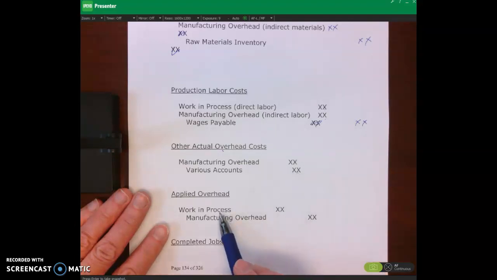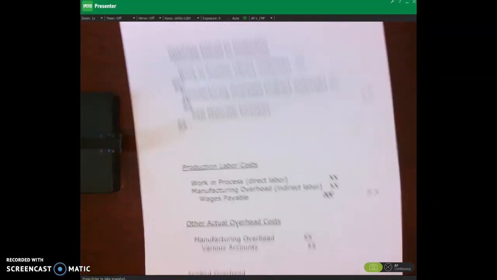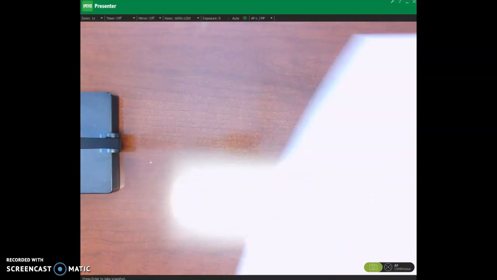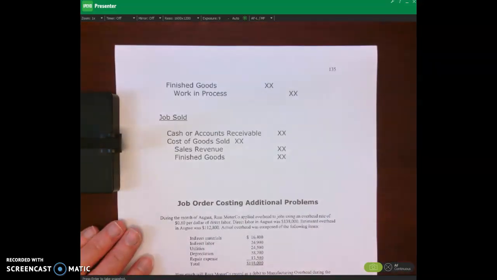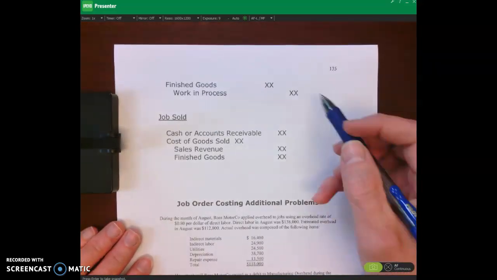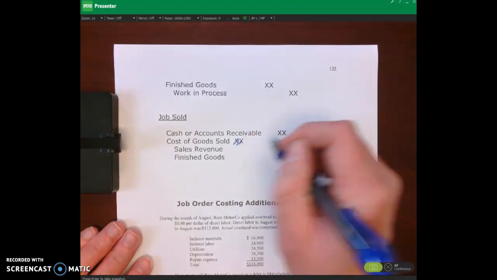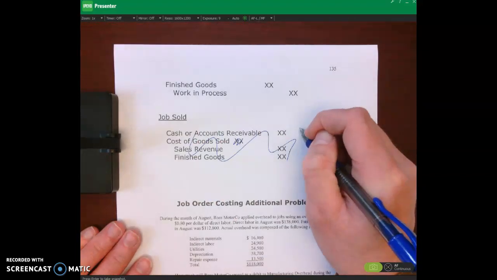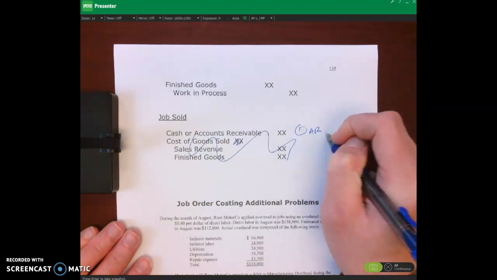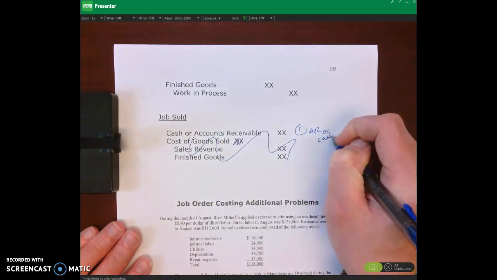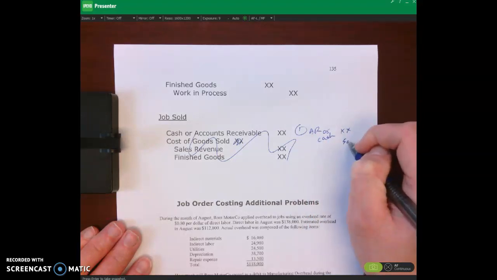Okay. Apply overhead, debit WIP, credit overhead. When jobs are completed, debit finished goods, credit work in process. And then when we sell it, this is a little bit confusing. Remember we have accounts receivable or cash, and then sales.